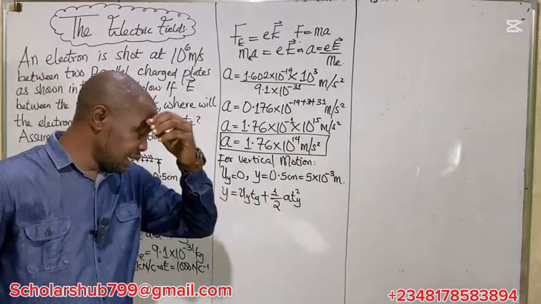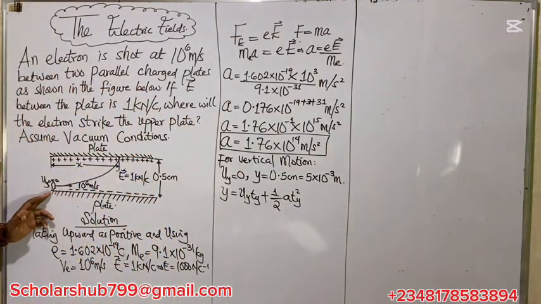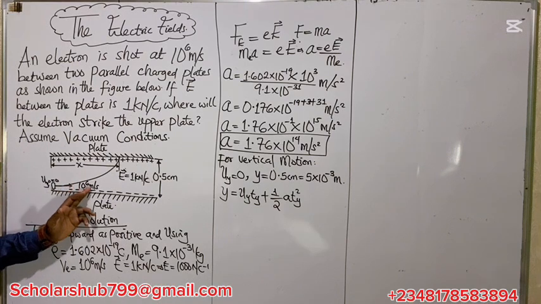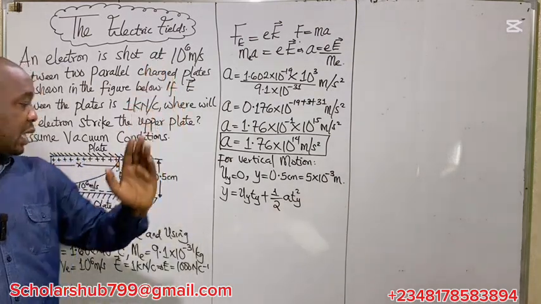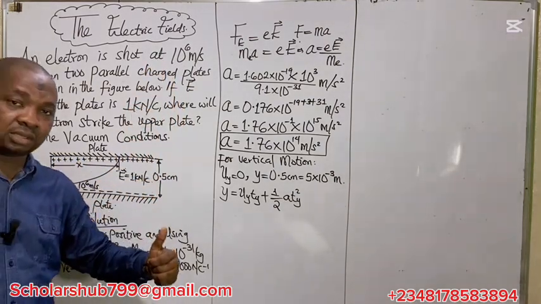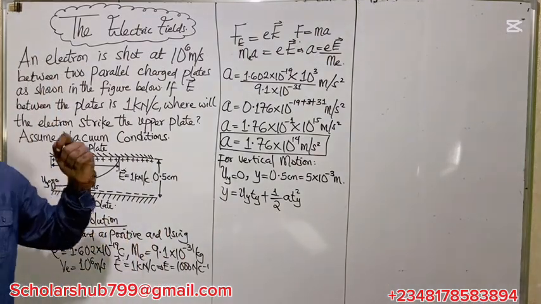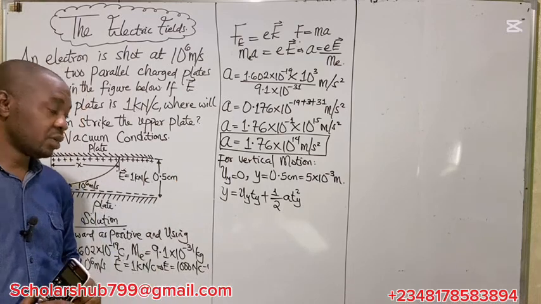That means the time taken during the vertical motion. Now, we have it here that the electron is shot at a speed of 10 raised to the power of 6 meters per second. Okay, now when the electron is deflected, it moves upward and then strikes the positive plate. Which means the time taken for the electron to hit the upper plate is ty. So it moves in the vertical direction.